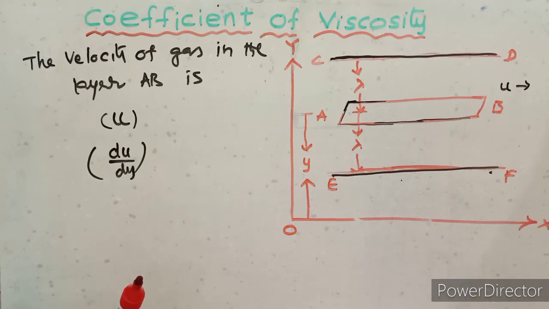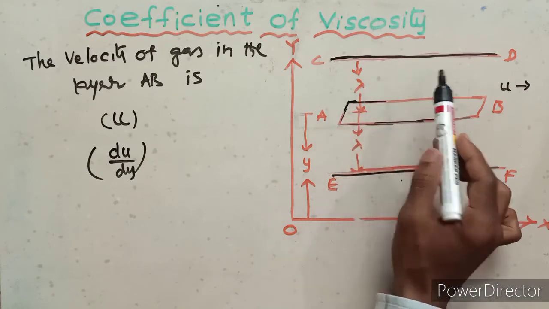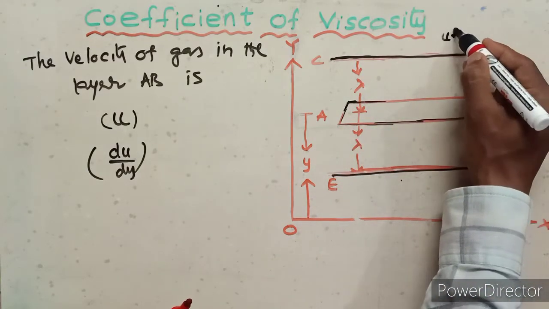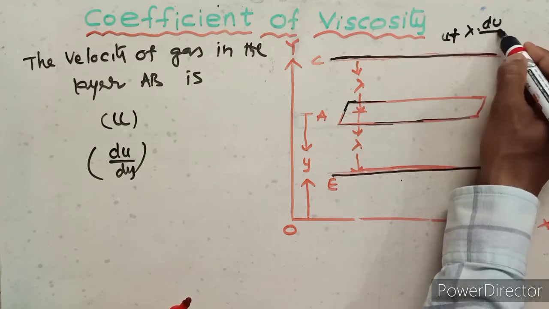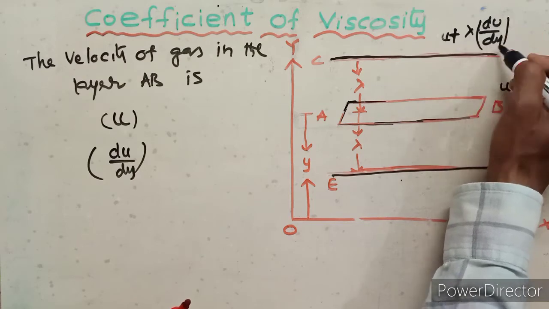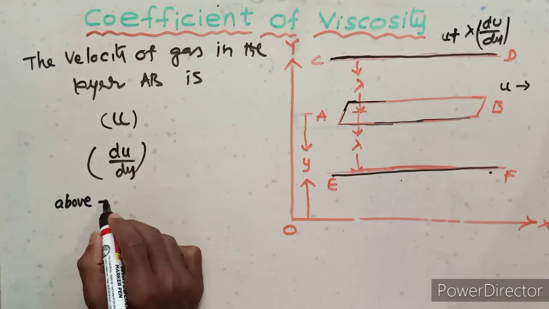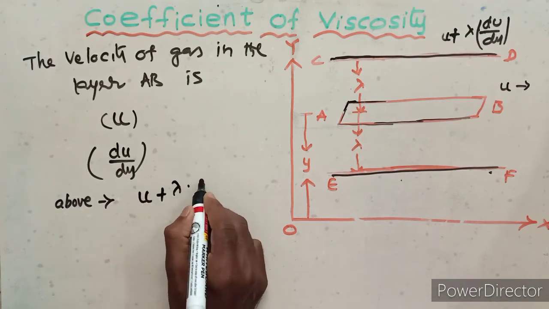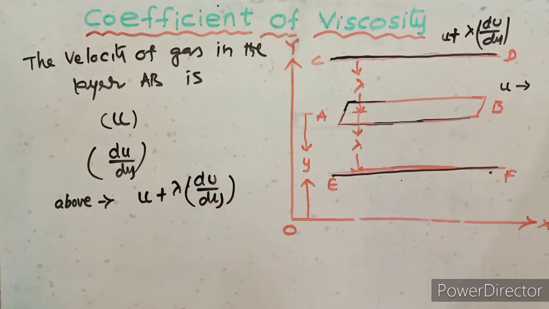So here the velocity of gas in the above layer is u plus lambda into du upon dy.